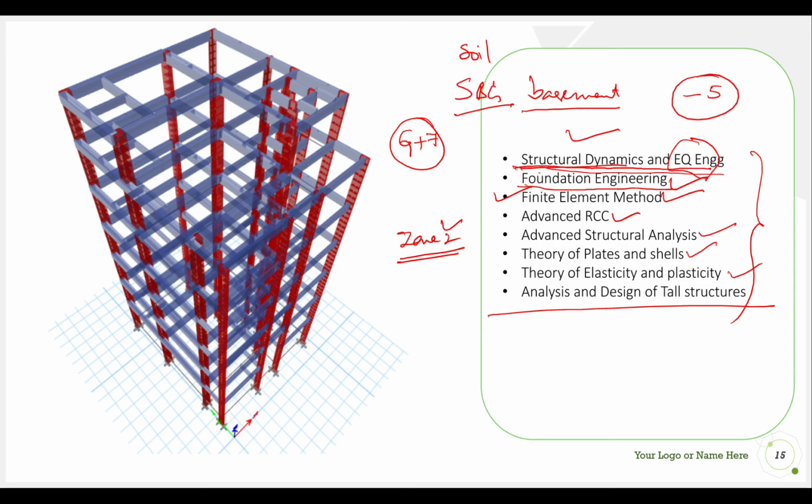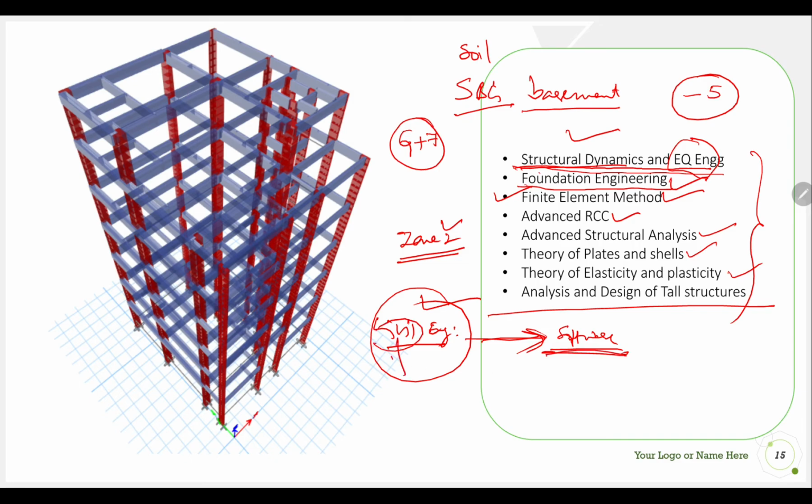See, if you are studying engineering and going to become a software professional, then it will be different. If you studied civil engineering and go into software, it may be different. The interaction and communication skills you have learned may work in the software field, but you may not use all these subjects. But if you are going to become a civil engineer and want to continue in the civil engineering profession, this is the theory which is required.